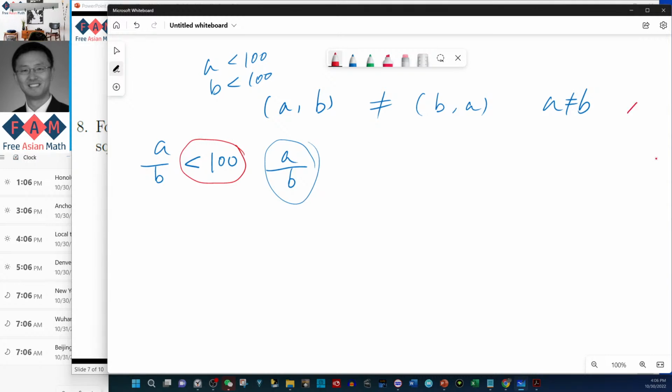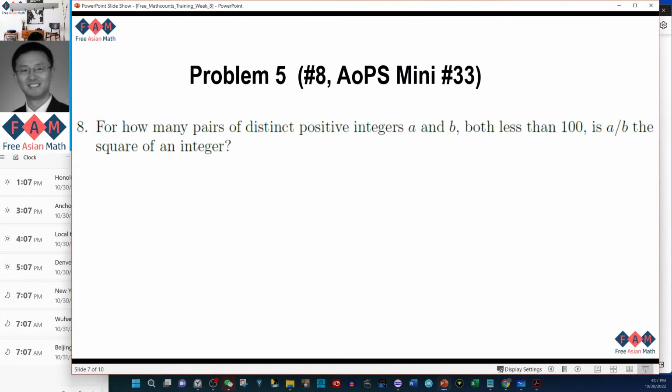We already said 1 cannot be the case because that requires a equal to b. So we only have 2 squared, 3 squared, 4 squared, 5 squared, and up to 9 squared, right? If it's 10 squared, that's 100, which cannot happen.